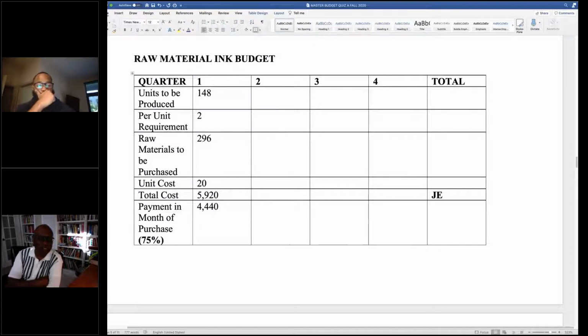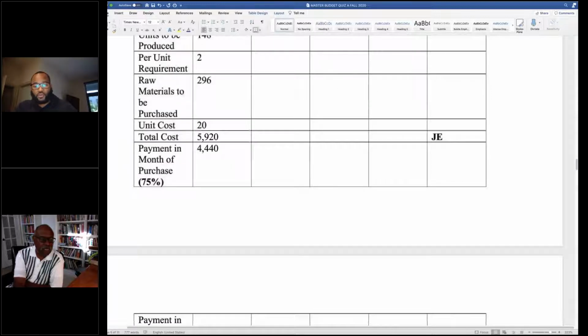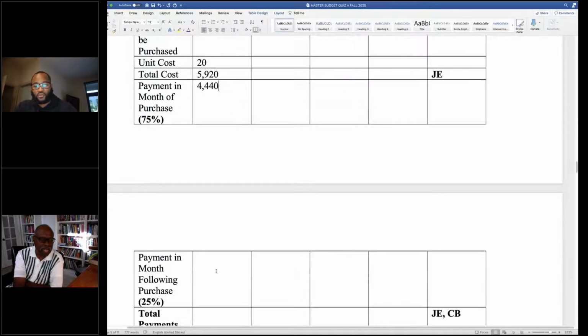The 5,920 was the 296 times 20. And what I did was I took 75% of the 5,920, and that's how I got $4,440, because that's what she's gonna have to pay now. She doesn't have a prior month, so put a 0 in here.